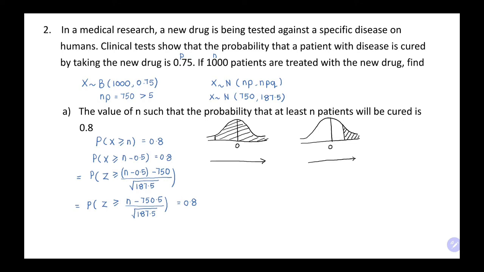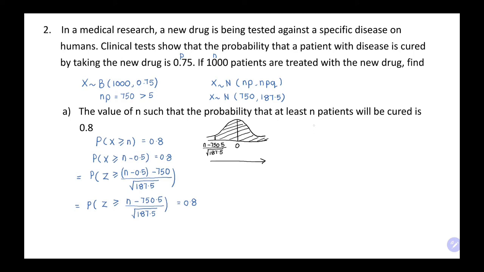Besar ini adalah 0.8, so mesti dia berada di belakang. Sebab separuh ni sahaja dah 0.5. So kalau 0.8 dia akan merangkumi dua-dua area. And value for Z is N minus 750.5 over square root of 187.5. Itu adalah value Z.